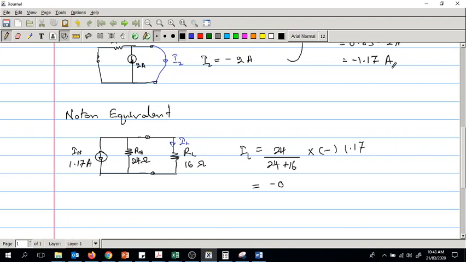So minus 0.7 amperes. So IL is upwards 0.7 amperes.